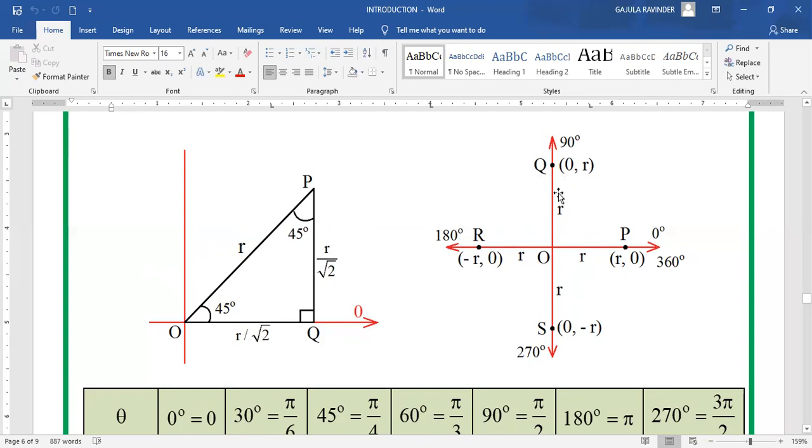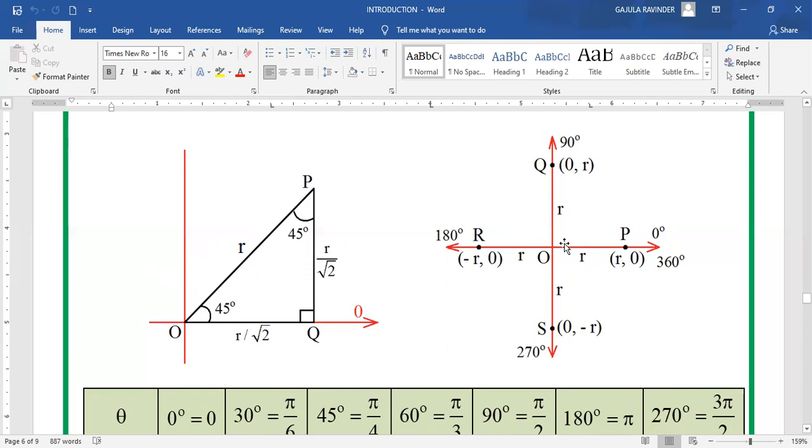Sometimes ratios will be defined. Because we know very well about the definitions of trigonometric ratios, from this diagram itself, you can clearly watch this diagram and define all the ratios. See, for example, I want tan 90 degrees.